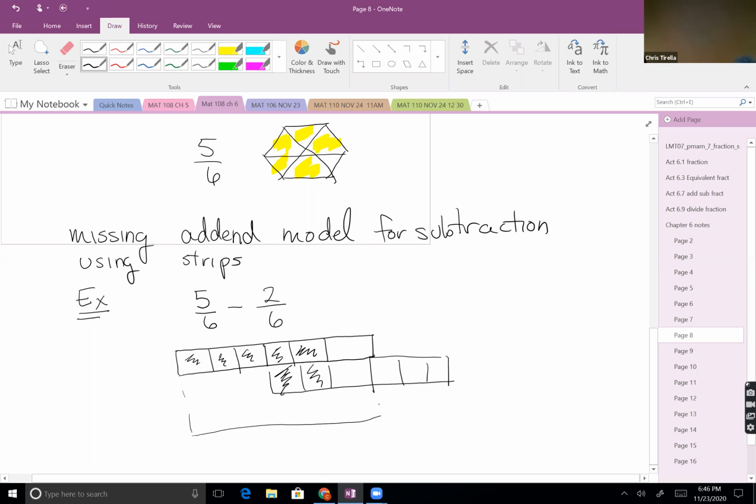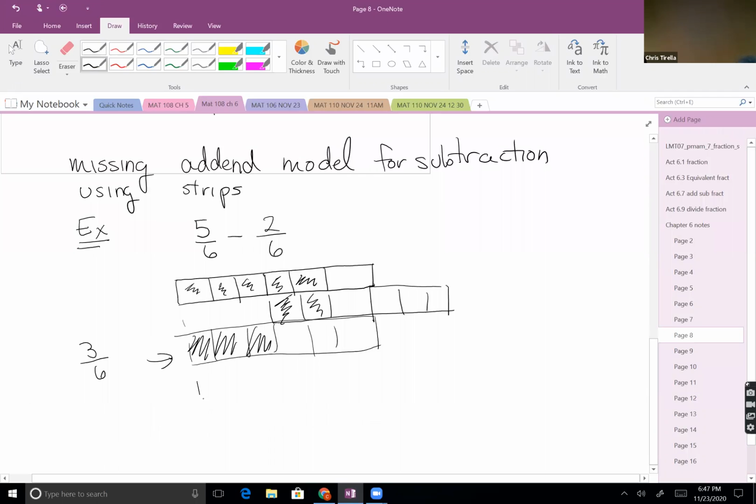And when I look to see what I would need on my 6th strip to fill it in, the missing addend would be 3/6, which then we could look at comparing to other strips to see that it's equivalent to 1/2.